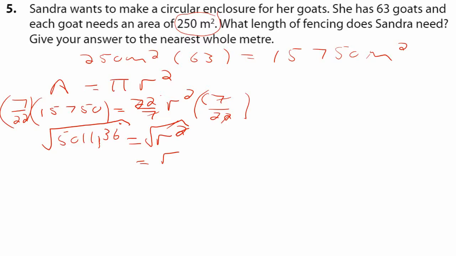So we have the square root of 5011.36363636 recurring, which gives a radius of 70,79 meters.